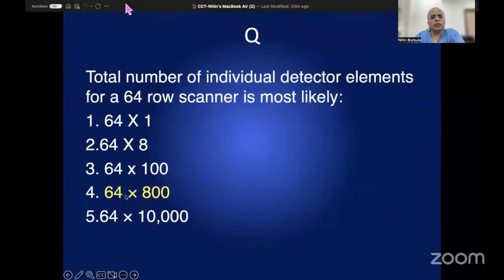So this is the number of elements you have in your detector panel, and that creates a huge amount of data, because each of these detectors is going to cause a scintillation when the X-ray beam falls onto them and create the analog and then the digital signal.